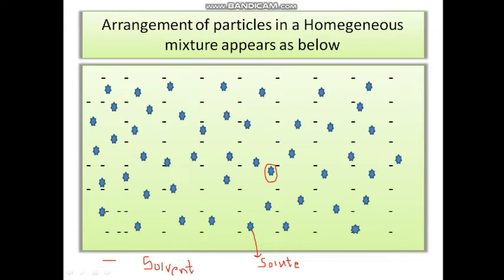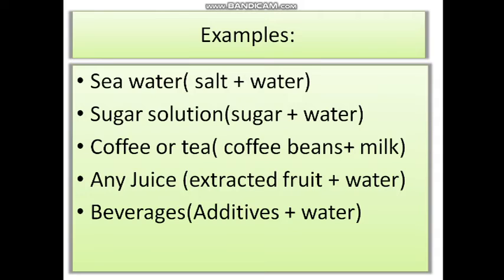Coming to the examples, the well-known example is salt water, as well as sugar solution, coffee beans plus milk, and other beverages are examples of solutions in which the solute is distributed uniformly like this.